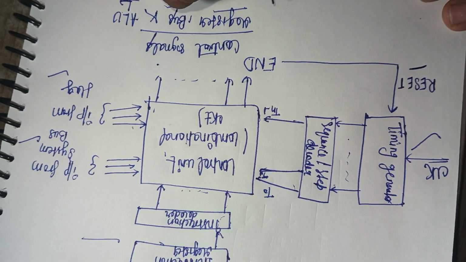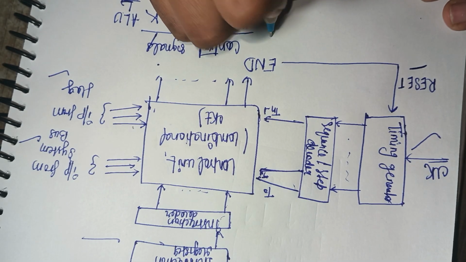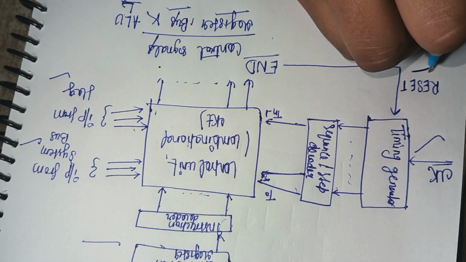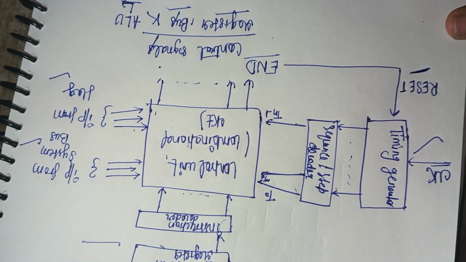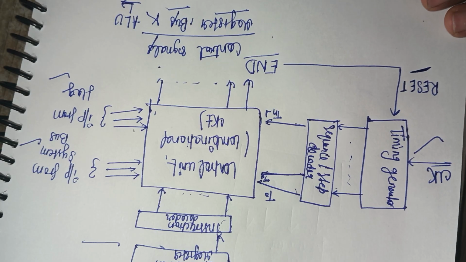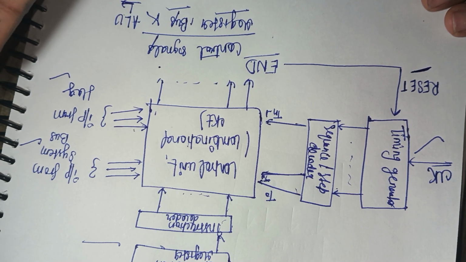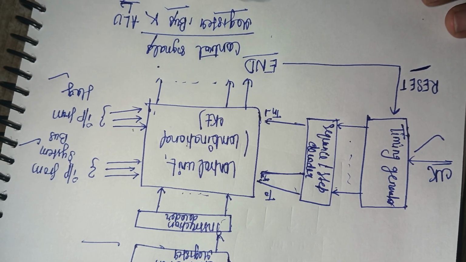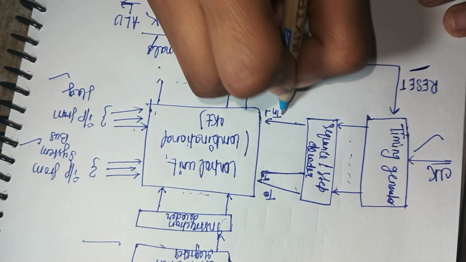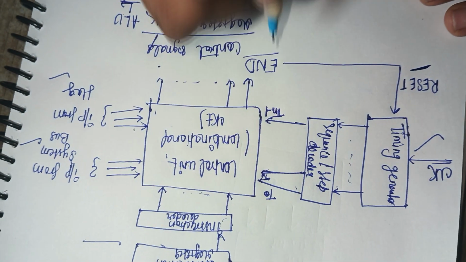After the execution of each instruction, an end signal is generated. This resets the control sequence counter and makes it ready for the generation of the control sequence for the next instruction, T0 to Tn minus 1.